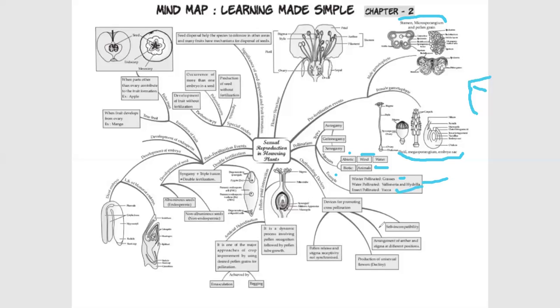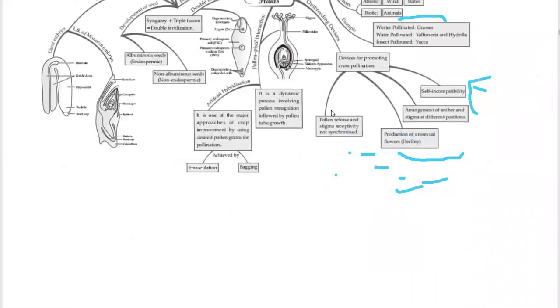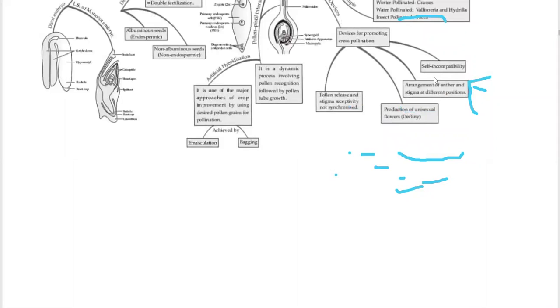Outbreeding devices are devices which promote cross-pollination. These include pollen release and stigma receptivity not synchronized, self-incompatibility, arrangement of anther and stigma at different positions, and production of unisexual flowers.